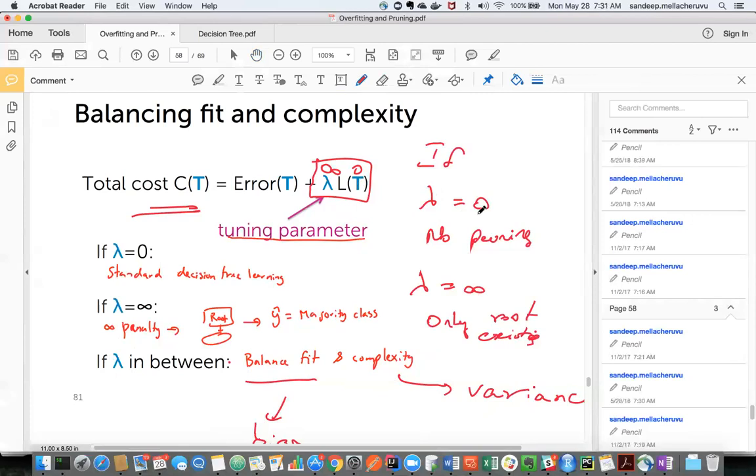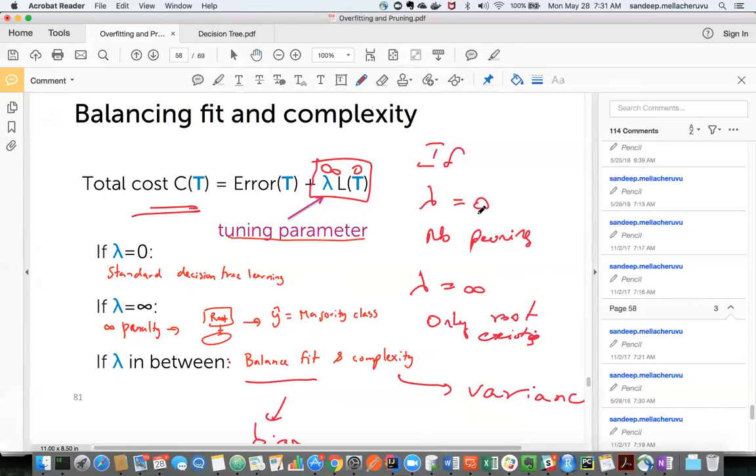If lambda equal to 0, if you are not doing any pruning at all, then you are fitting your tree to your data too much. So there is a lot of bias.